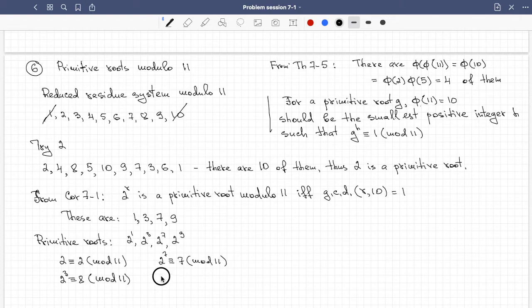And 2 to the 9 is 7 times 4, that's 28 modulo 11, which is 6.